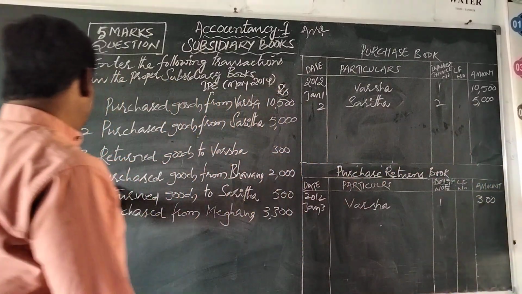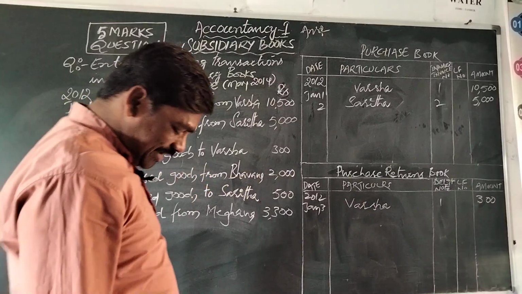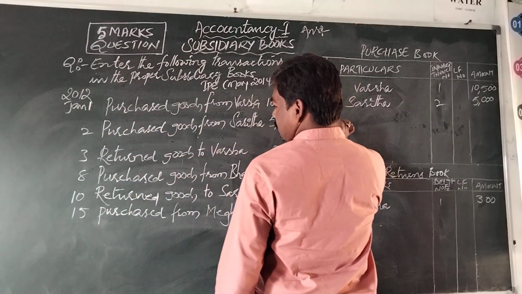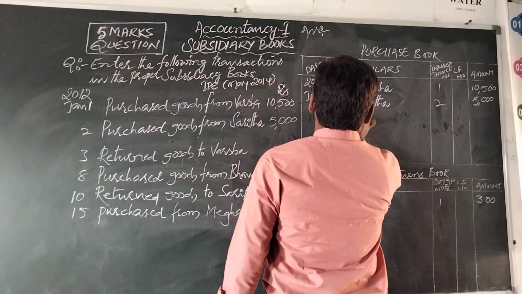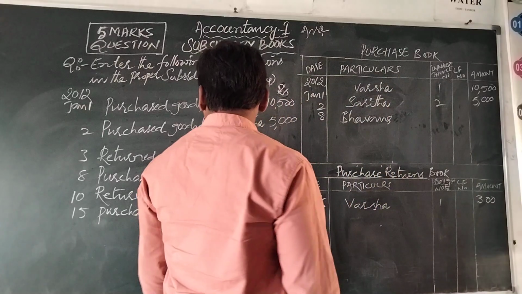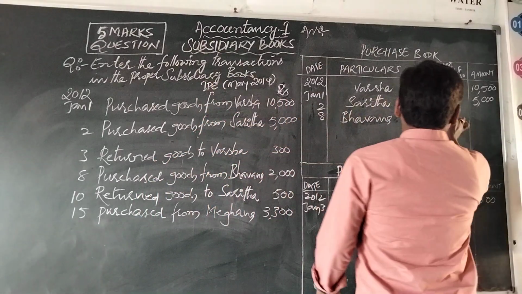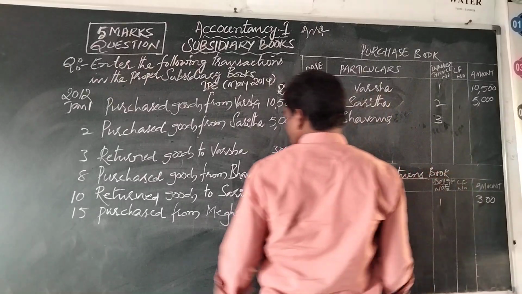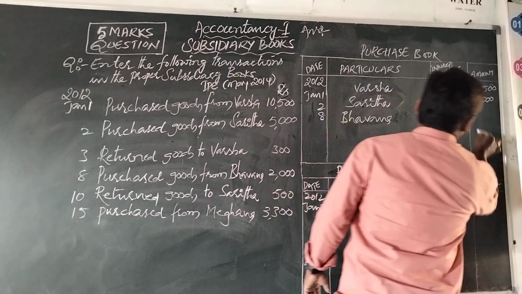Come to the next one. Purchased goods from Bhavana. It is a credit transaction, so it comes in the purchase book. Date 8, Bhavana, inward invoice number 3, and amount of rupees 2,000.